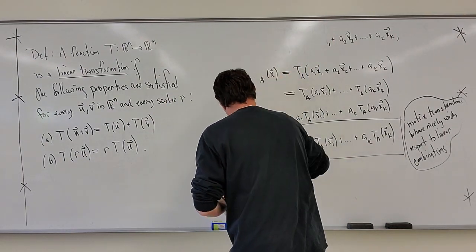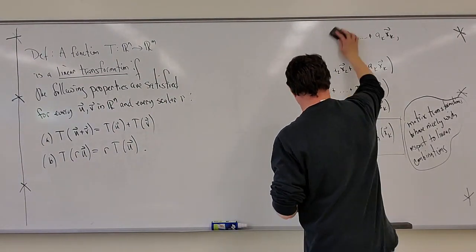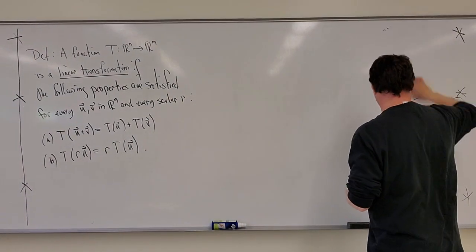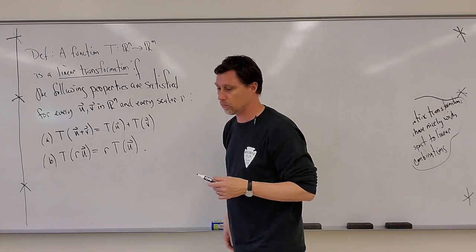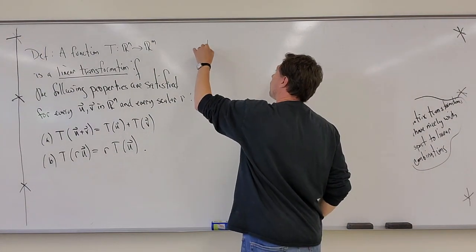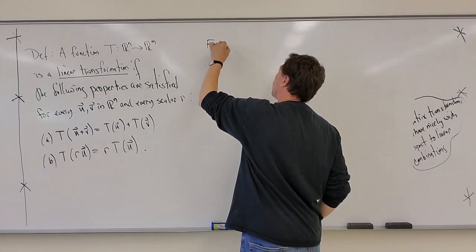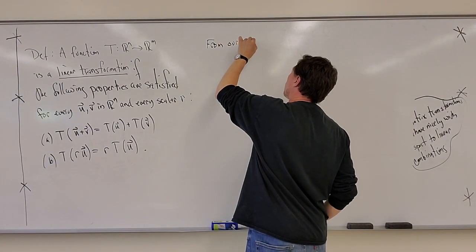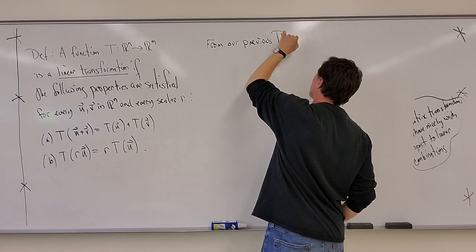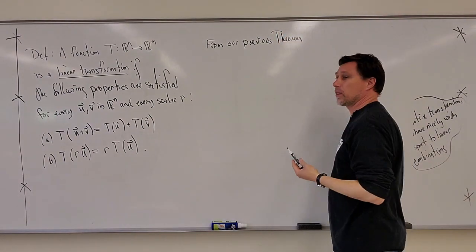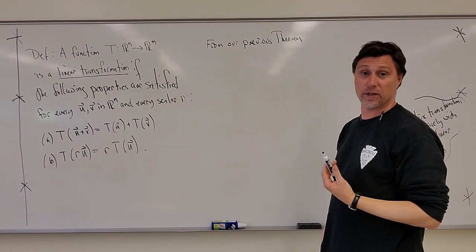From our previous theorem, it follows automatically that every matrix transformation is a linear transformation. That's the one we called properties of matrix transformations.